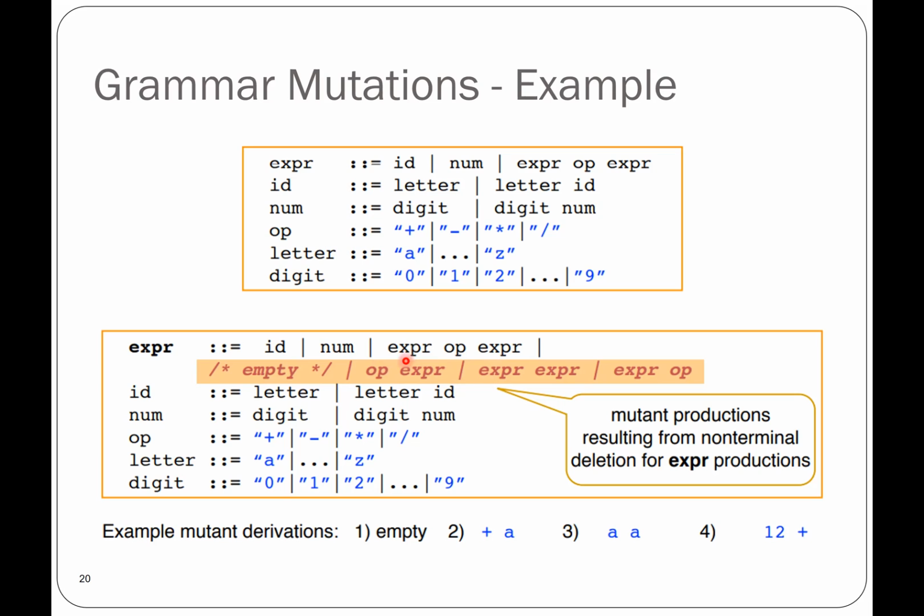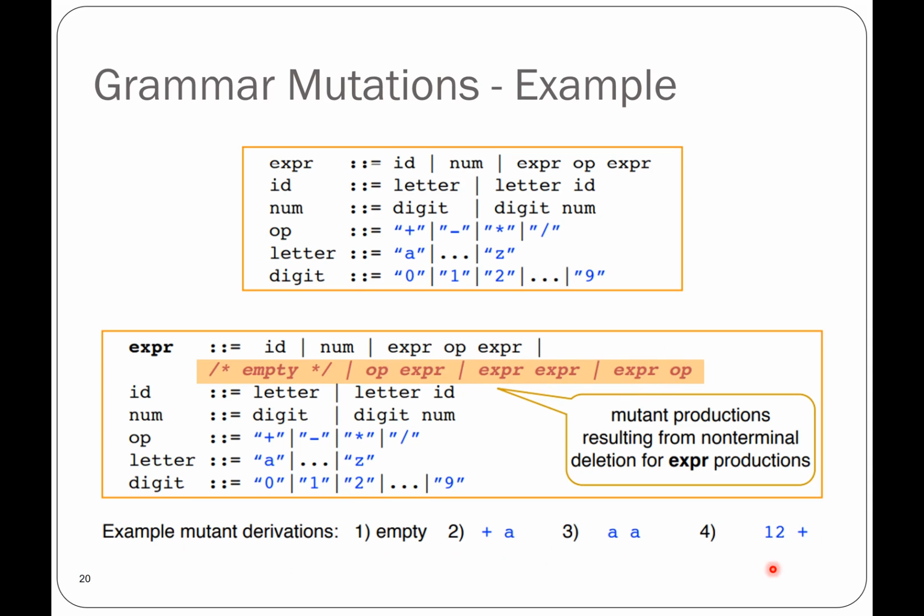I can take this thing over here and I can delete the middle part and I end up with this, or I can take this over here and I delete, sorry, the last one. I end up with just expression operators, and with it I can start to derive, based on these messed up grammars, actual derivations, something that is empty, plus AA, 12 plus, and so on.